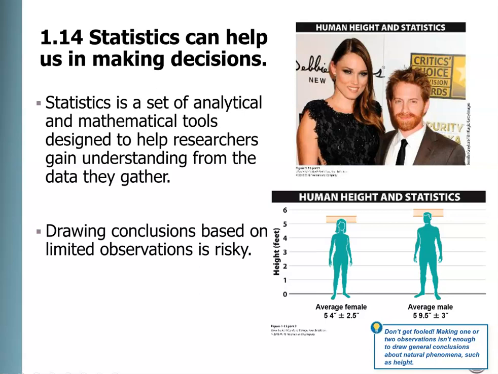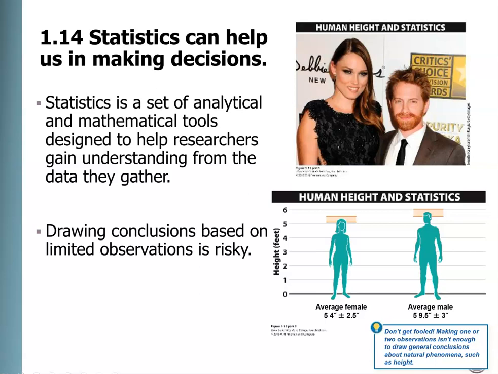And the more data you have, the more experimental repeats you have, the bigger your sample size, in other words, the higher number of test subjects, the more likely you are going to be able to observe real trends. And statistics can help you realize if you're seeing those real trends, and they can also help you determine if those trends are significant from one another.